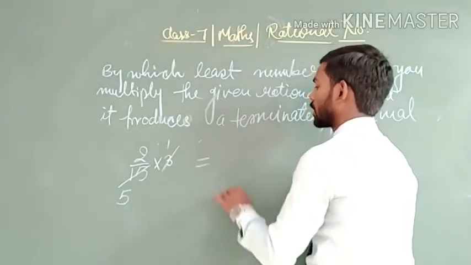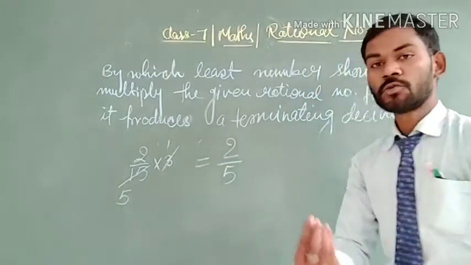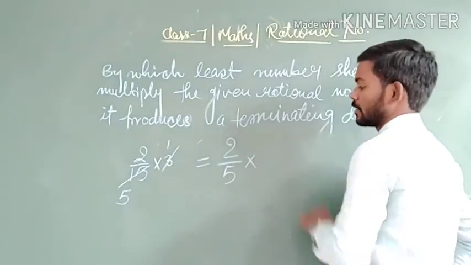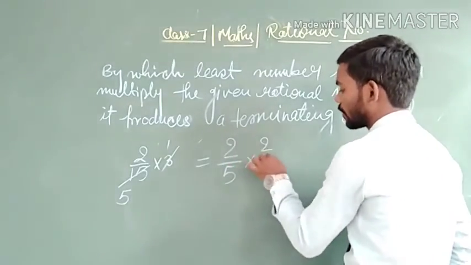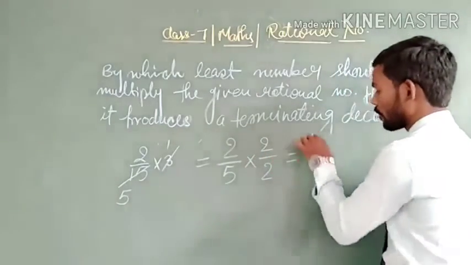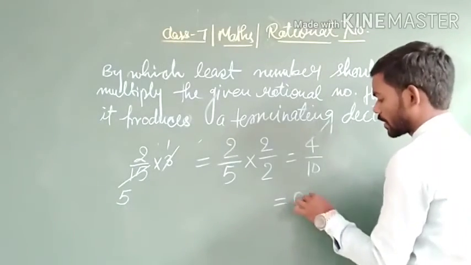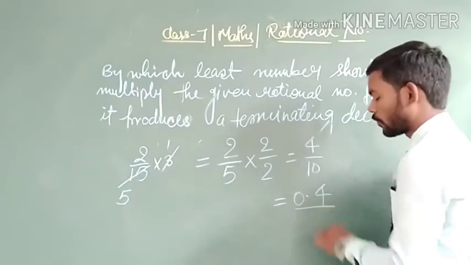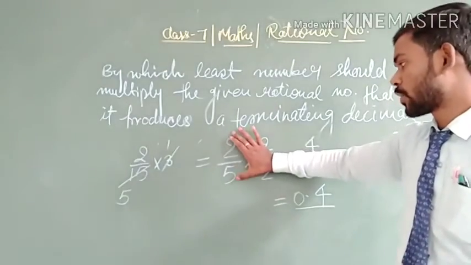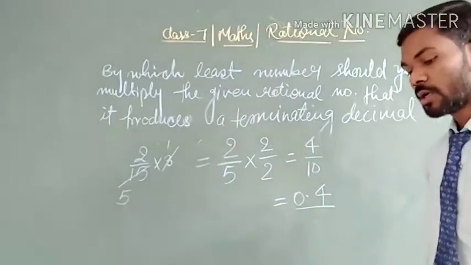And now here we get 2 upon 5 as the reduced number, and here we can see that whenever we multiply the numerator and denominator by 2, we get 4 upon 10, and after solving here we get 0.4, which proves that this rational number 2 upon 5 is a terminating decimal number.